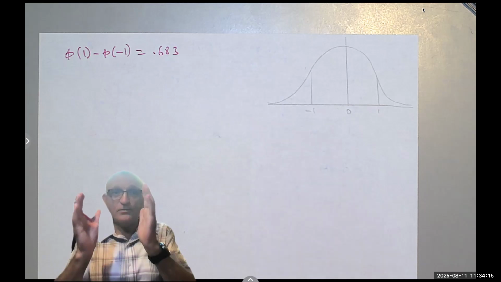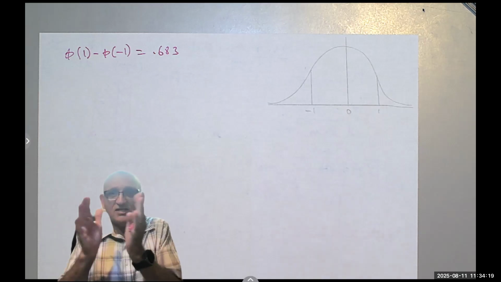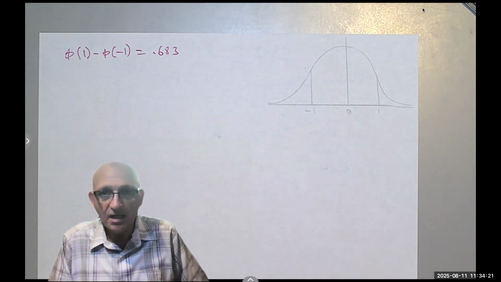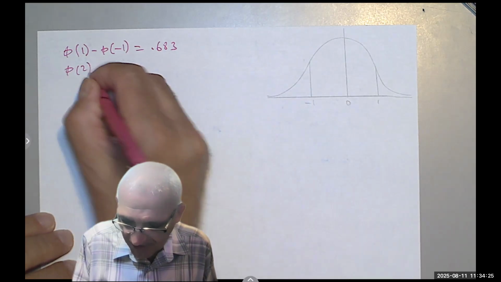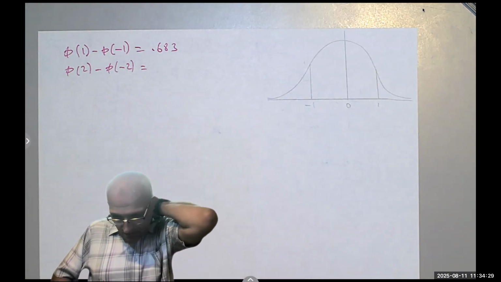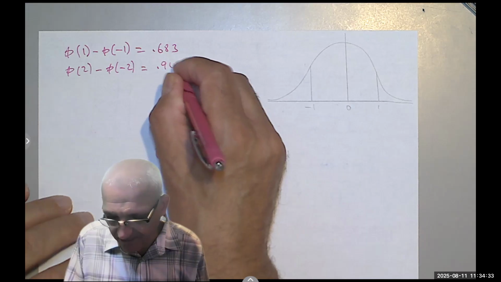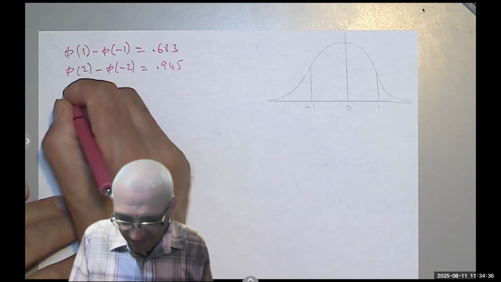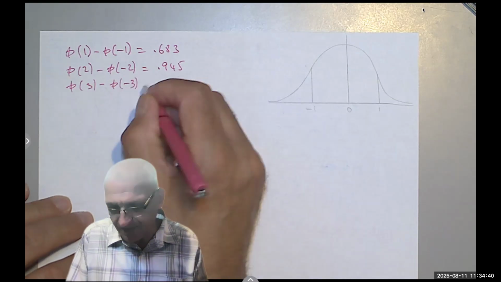So almost 68% of the distribution is close to the mean. If you take it from 2 to negative 2, you get roughly 94.5.